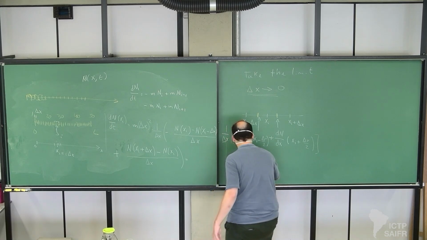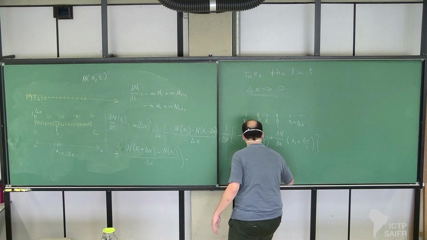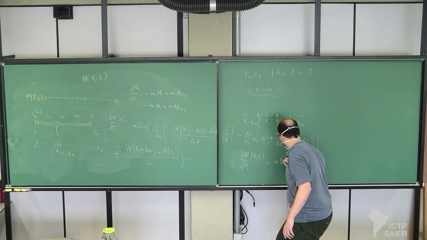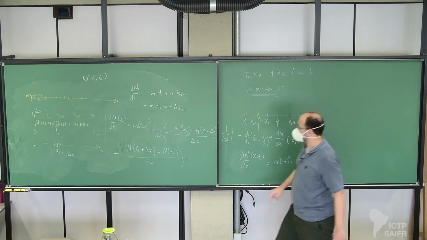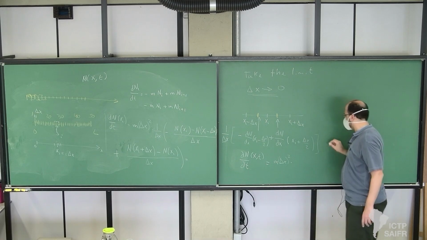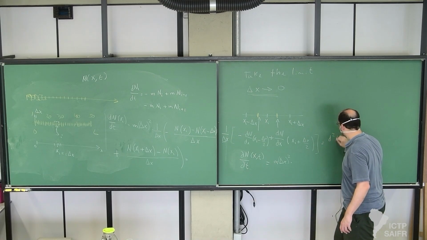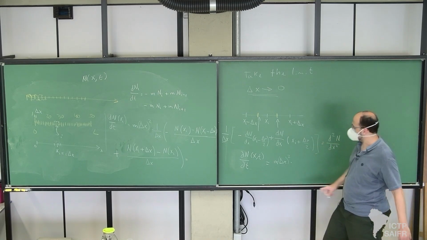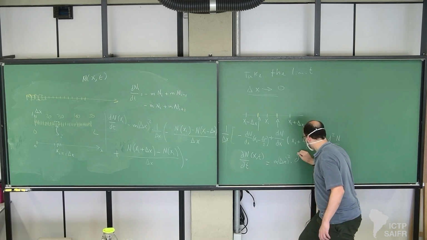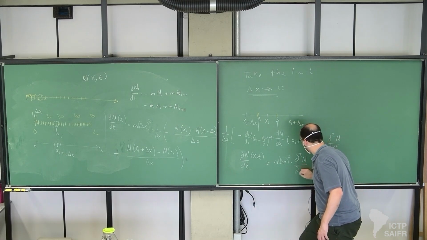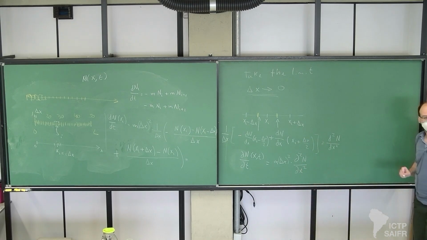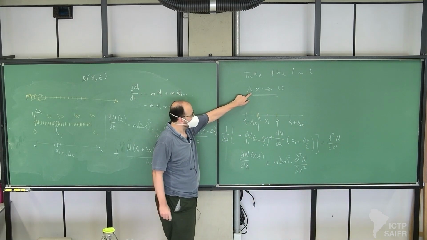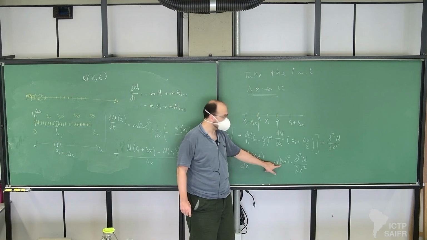So del n del t at the point x, t is going to be m delta x squared times all of this stuff here that became the second derivative. The second derivative is written like this, using the del notation, the second derivative of n with respect to x. And now, what's going on here? I told you that delta x is going to 0, so this stuff here is going to 0 as well.